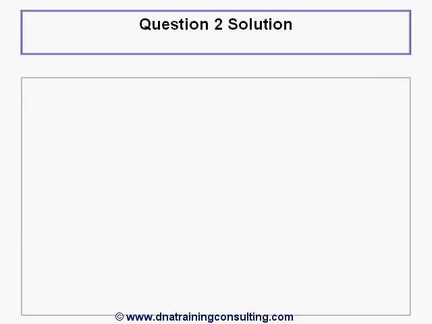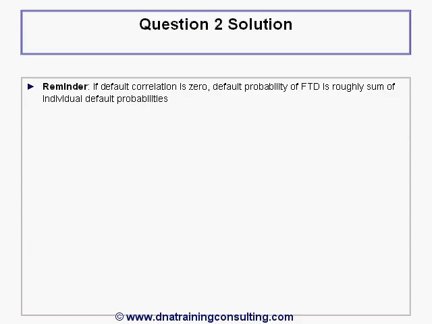Solution to question 2. We remind you that when default correlation is 0, the probability that either A or B defaults is roughly the sum of their individual default probabilities.